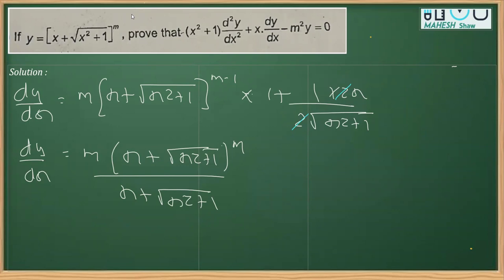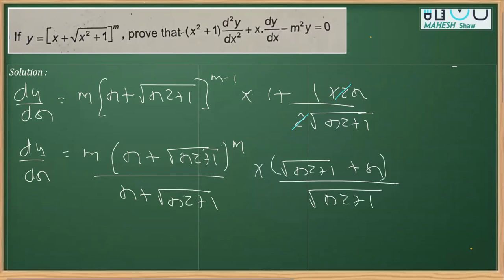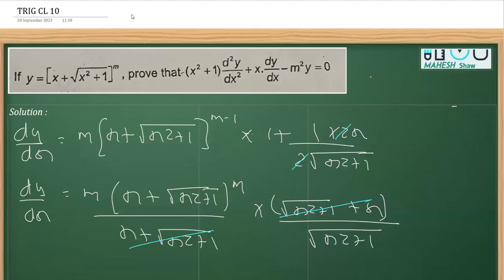Now, next, simplifying this, I'm taking the LCM here. So it will give you x square plus 1 plus x over under root x square plus 1. Now check, we are finding that these get cancelled here. This and this get cancelled. In the next step, what I'm doing is transposing this to the left-hand side.